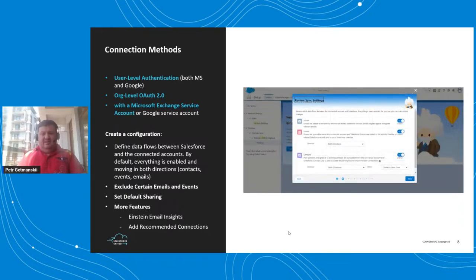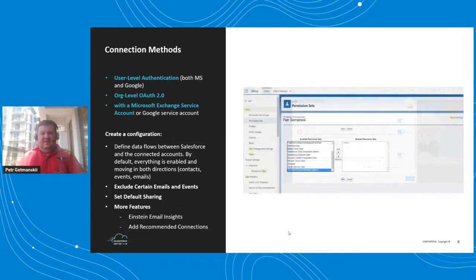And you should choose which way data should be synced: from Gmail or from Outlook to Salesforce, from Salesforce to Outlook, or both ways. In our case, it's both ways. And because it's a Trailhead org, I should assign the permission set, as I said before, Einstein Activity Capture to my user.